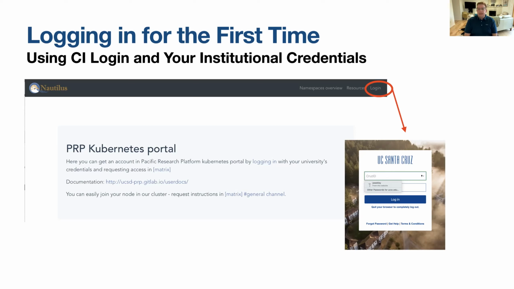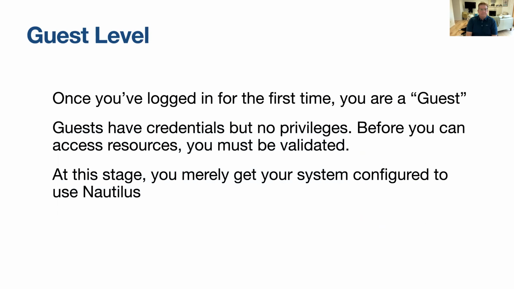So if you're a student at UC San Diego, you will search for UC San Diego, Santa Cruz, and so on and so forth, and that will take you to your campus single sign-on, your central authentication tool. And for me, it looks like this. So I just put in my regular credentials from my university and am logged in.